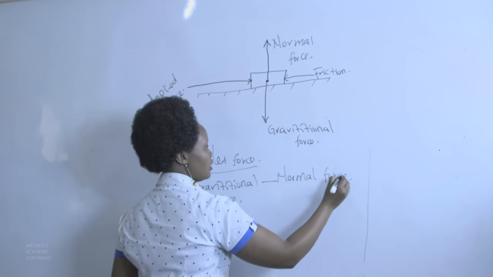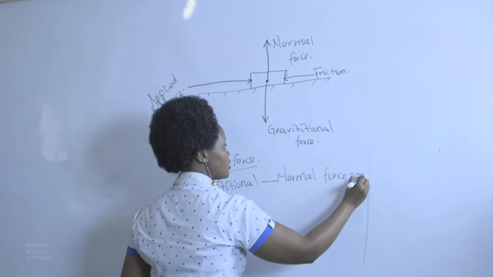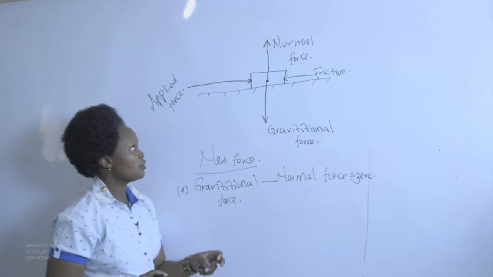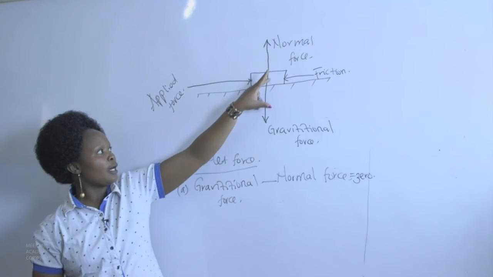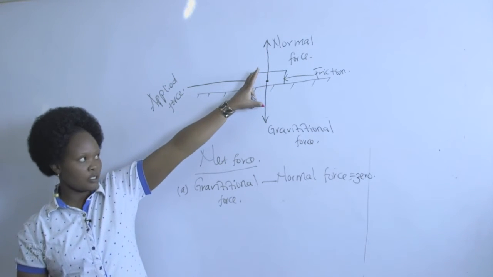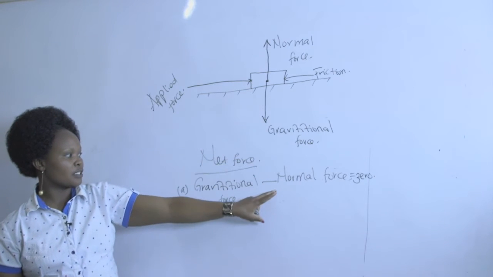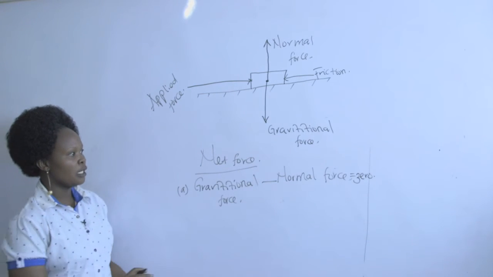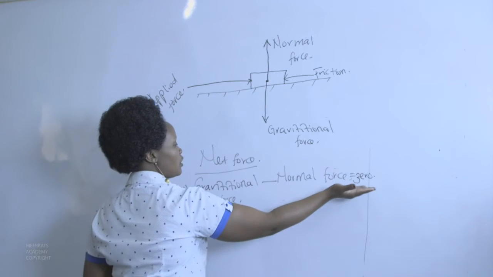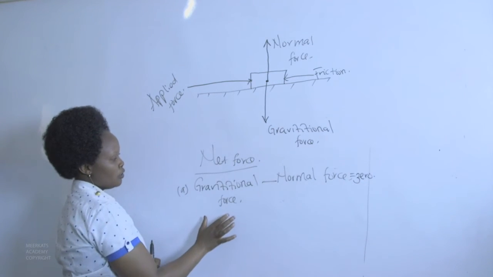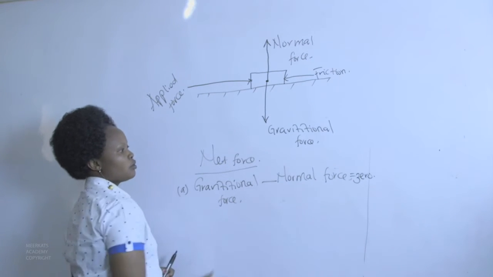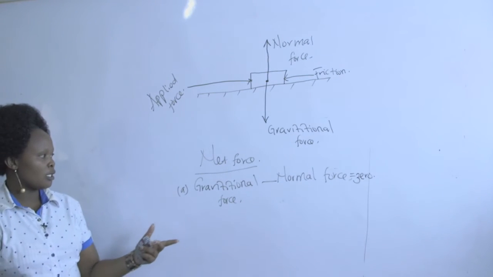And the answer to this one is 0, because our gravitational and the normal are equal but opposite. Therefore, their effects cancel out. Therefore, the force that acts on the box and emanating from the difference between the two is actually 0.